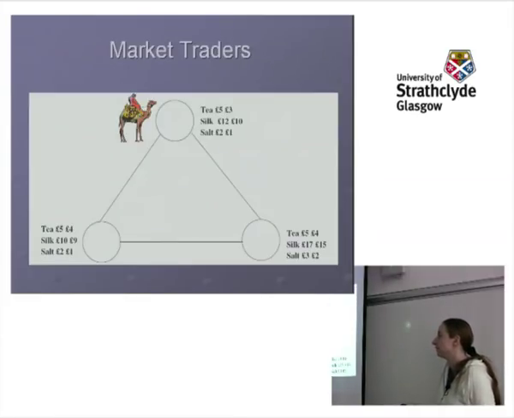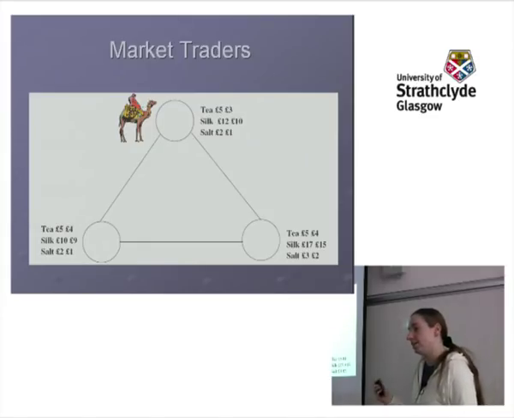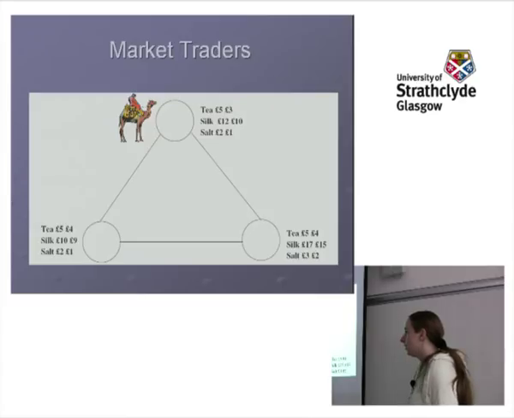So now we're on to the results section. This is a domain about market trading. So there's a man on a camel, and he can travel between markets. And these are the buying price and the selling price of various commodities.